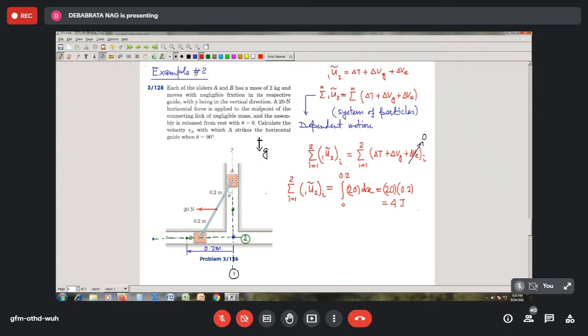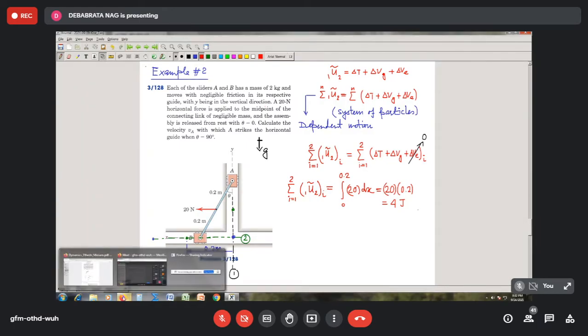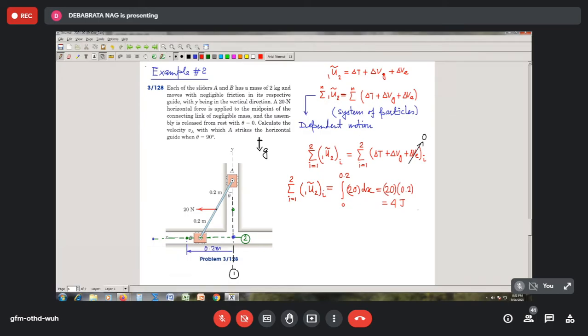Now regarding the change in kinetic energy, you see here that at time t equal to 1, we just consider that everything was at rest, because it was stated that it is initially released from rest. So therefore, all subscript 1 for the kinetic energy, these terms will be equal to 0.